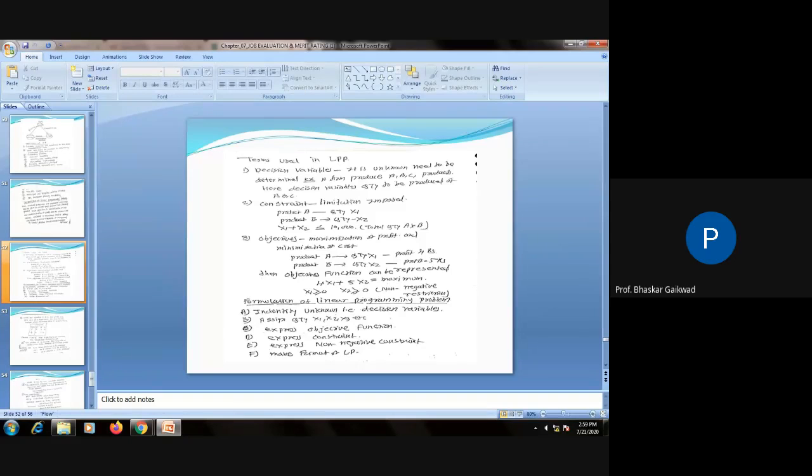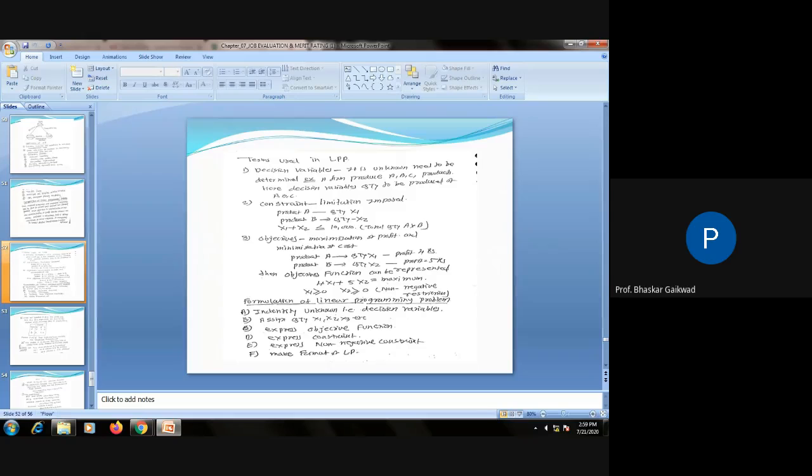So up to this, I think you might have cleared the concept of these terms used in linear programming. Formulation of linear programming problem: identify the unknown variables, that is decision variables, as above. Designate the quantities x1, x2, x3, etc. Express the objective function as above.